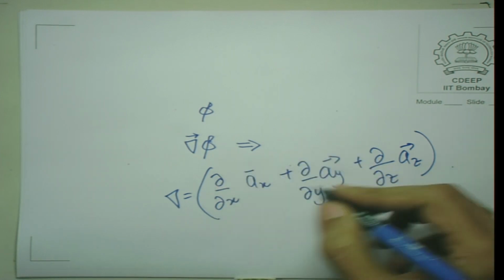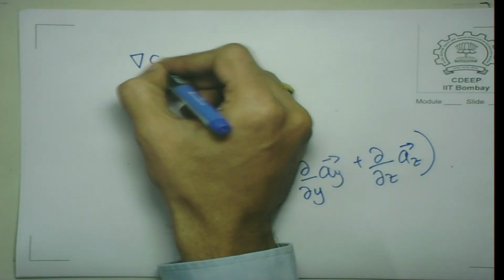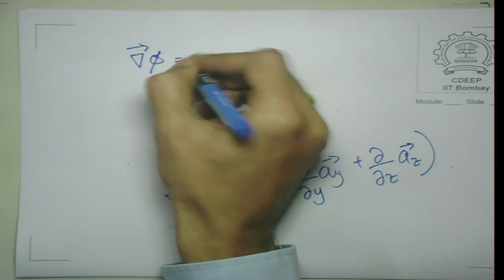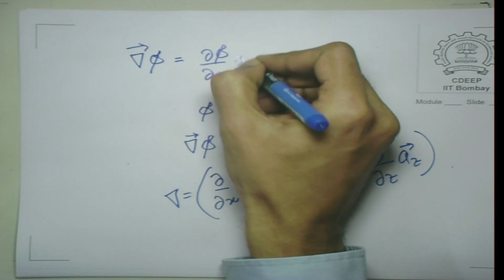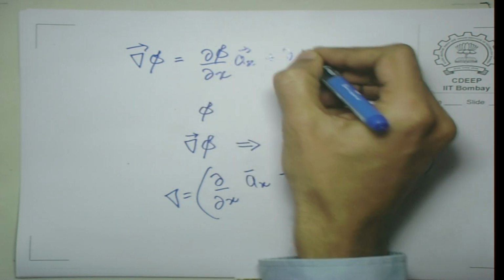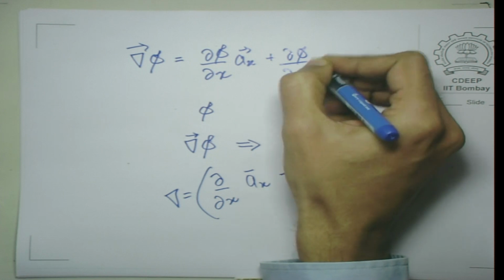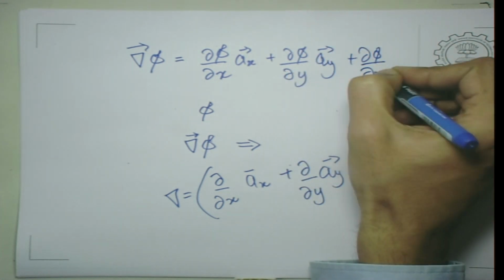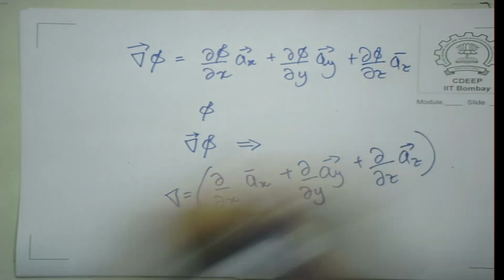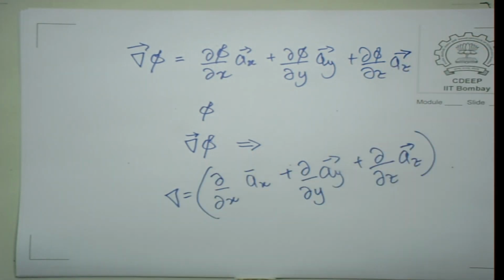If you actually compute the gradient of phi, that comes out to be the following. So the electrical field can be expressed as the negative of the gradient of phi, and we have to be careful about notation: phi here is actually the electrical potential at a point.